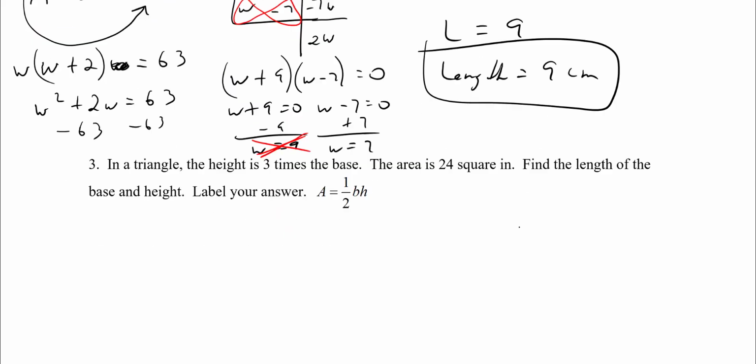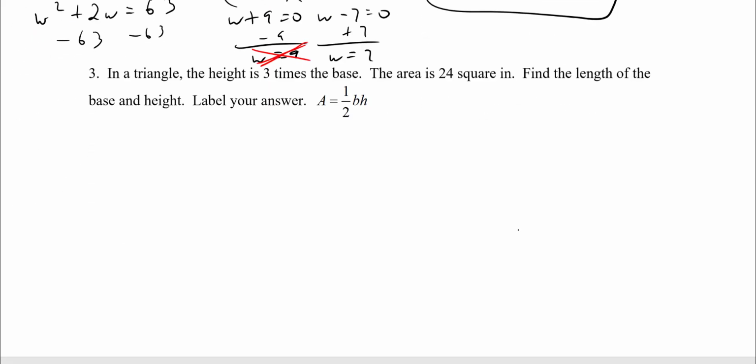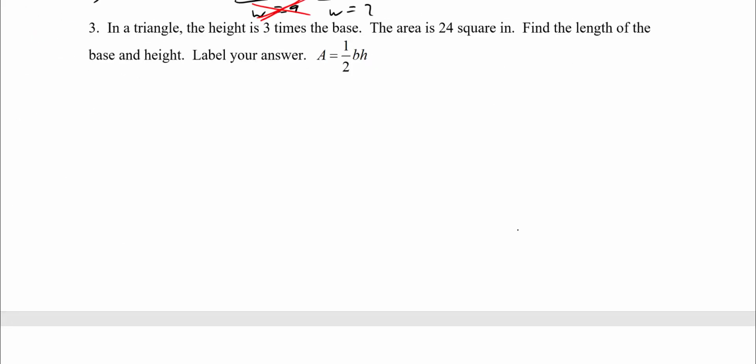Okay, so this next one is with a triangle. I give you the formula, so it's a little bit different, but I hand you the formula. So here it is. The height is 3 times the base. What does times mean? It means multiply. So height is equal to 3 times the base. Okay? And guys, here is the formula right here.